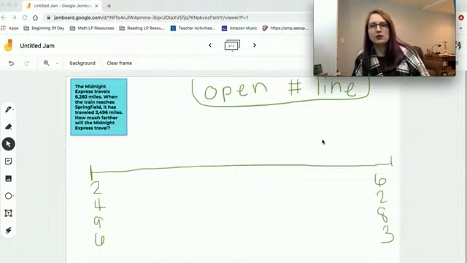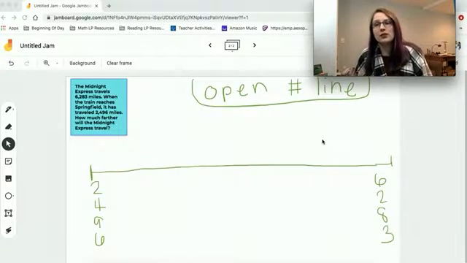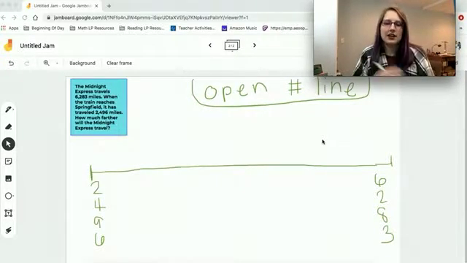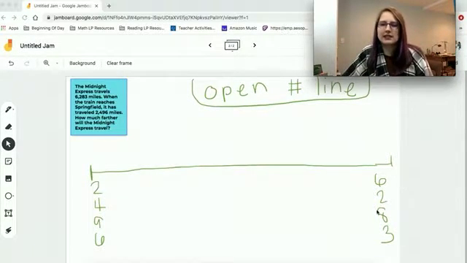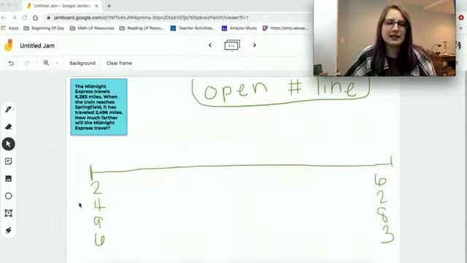A strategy that you can use to solve this problem is an open number line. I already have the number line set up, and I have the 6,283 written here, which is how many miles they're going to travel in total, and I have the 2,496.